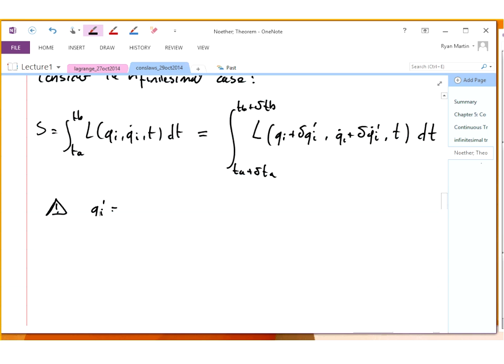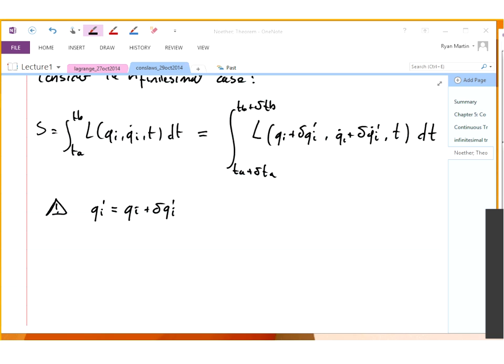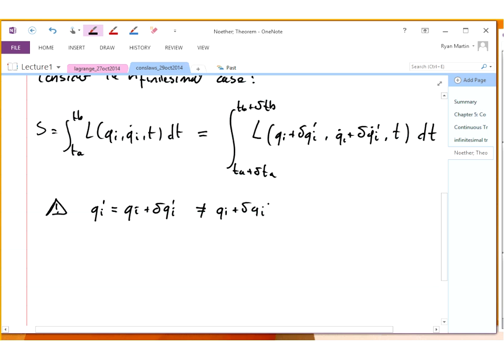All right. And so I wrote that QI primed is equal to QI plus delta QI primed, not QI plus delta QI.